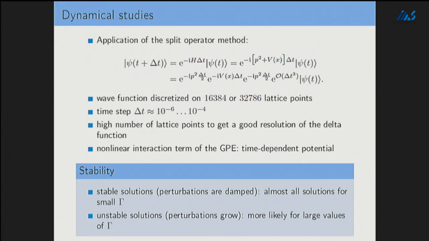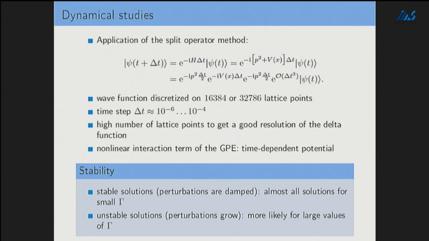We also need a high spatial resolution because we have a delta potential. It turned out that the delta potential is very often simple to use to get simple equations and some analytical insight. But if we want to do this exact propagation in time, it's very hard, because the singularity of the delta potential is hard to implement in some numerical methods for the time propagation. But we were able to do so and calculate some reasonable results.